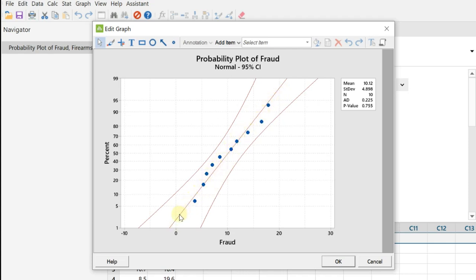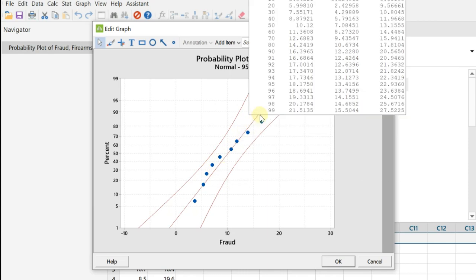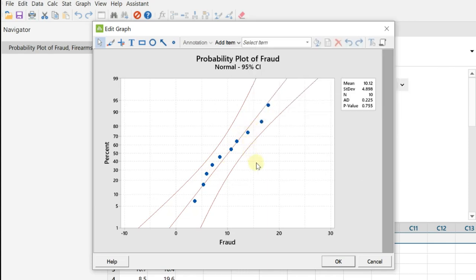This is actually pretty good. You can see how the data is almost along that straight line. If you hold on a point, you get the data values. So it looks like the distribution of time served for fraud is indeed following a normal distribution.